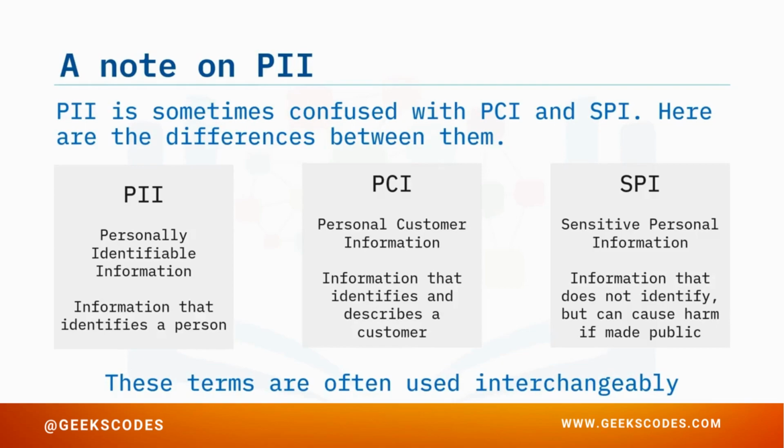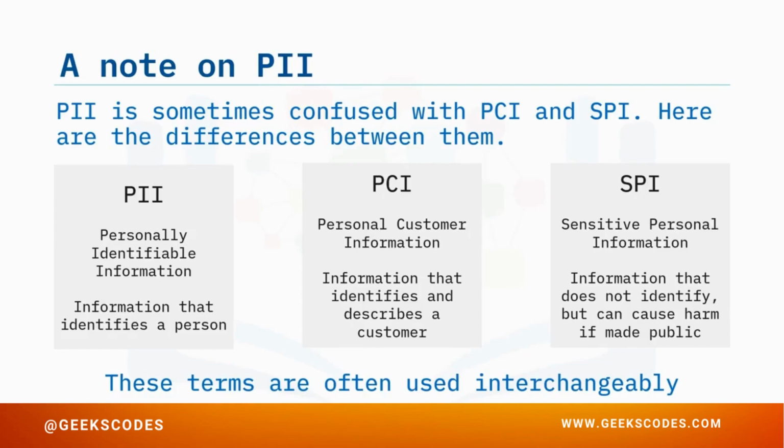It can also include descriptive data like age, gender, job title, and marital status. Sensitive personal information, or SPI, is information that does not identify but can cause harm if made public. As you can see, PII, PCI, and SPI are very similar, and in most non-legal situations, these terms are often used interchangeably.